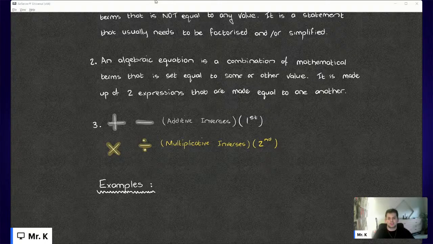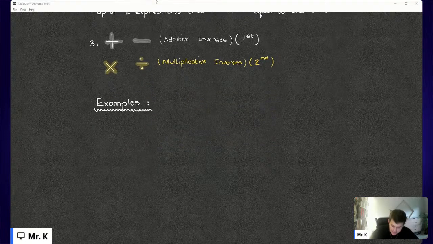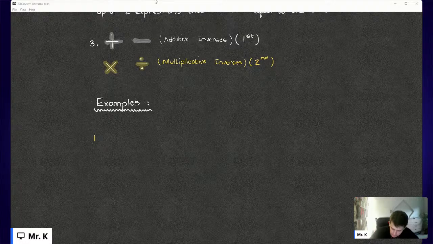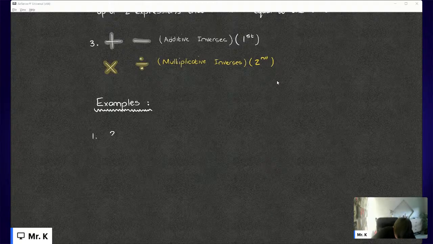We always want to try and get rid of simple plussing and minusing, and then we deal with the more complex multiplying and dividing. Okay, so keep that in mind. Let's quickly go and take a look at an example. I'm going to quickly write one or two down and we'll go through them together. We'll stick with a very basic example for now.